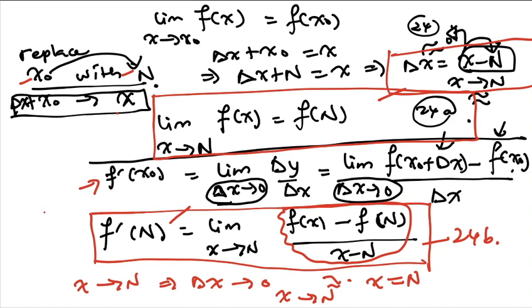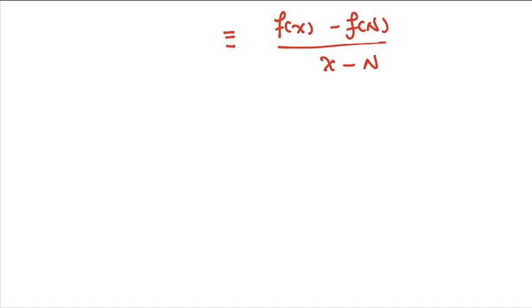Now, the thing that I have circled here, I put it back here, and if I write on the left hand side fx minus fn, then what should I do on the right hand side so that the left hand side equals the right hand side? On the right hand side I should put x minus n, so this one can be cancelled with this.